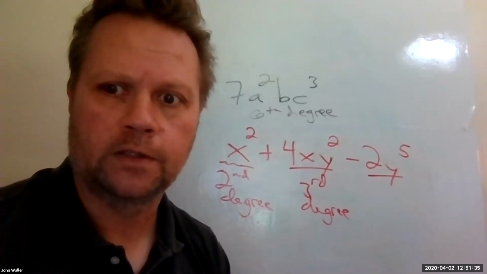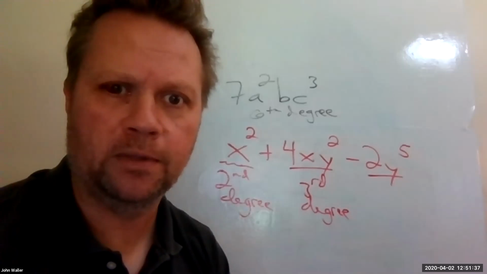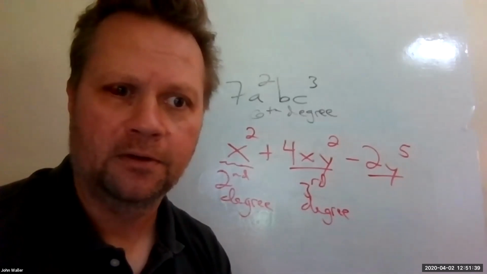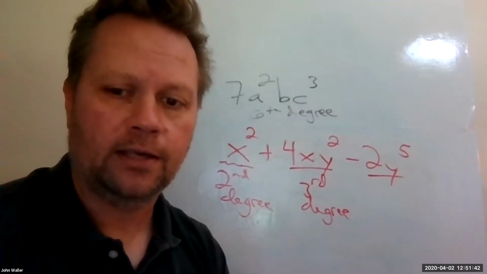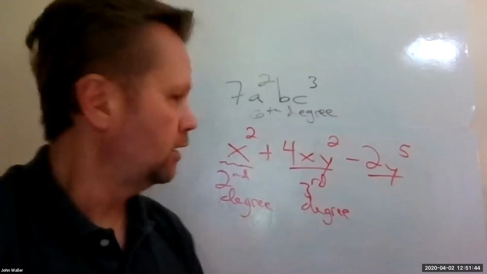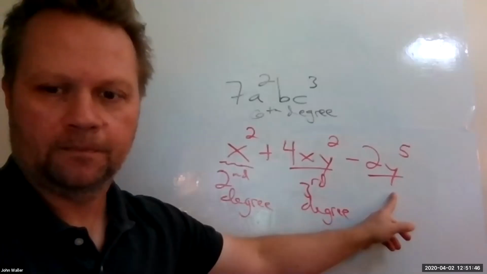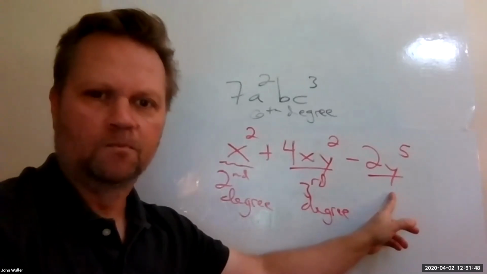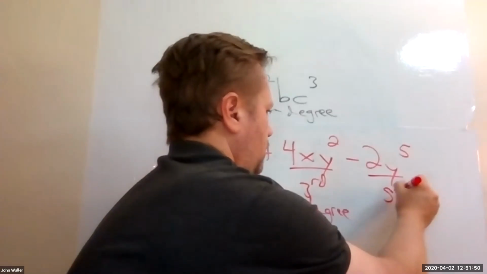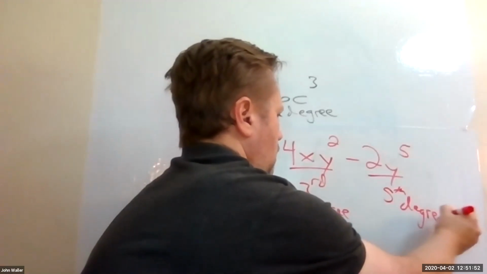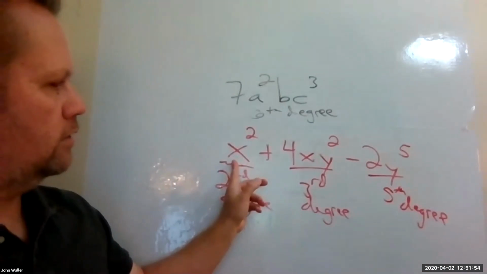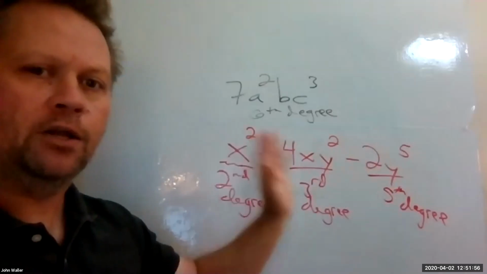Okay. Sometimes people don't trust it because it's too easy. It really is just count how many letters are in each term. So what's the degree of that one? 5. Yes. 5th degree. And real quick, this has got 3 terms, so it's a trinomial.